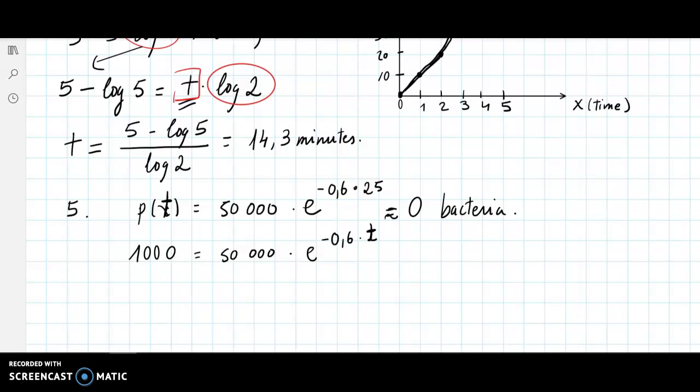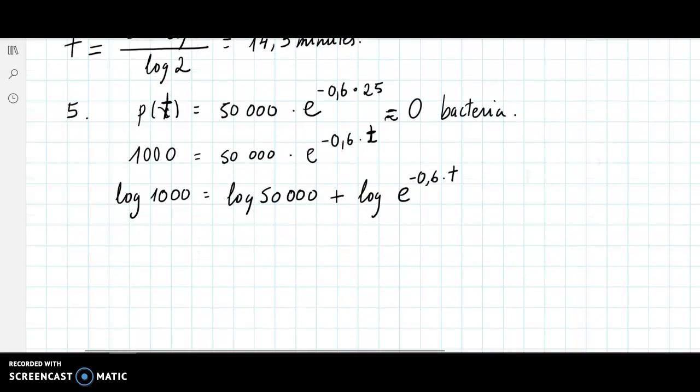Well, to solve this type of equations, I need to use the logarithms, as I said in class. So write the logarithms on both sides of the equation. I use the properties of logarithms to separate this multiplication into an addition of two logarithms. And then I'm going to bring the exponent down as a factor, multiplying.